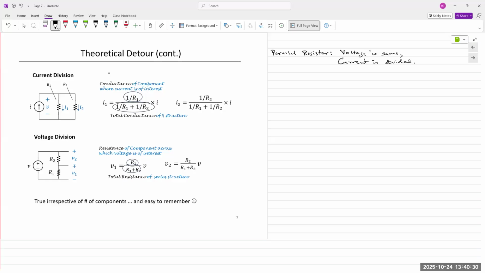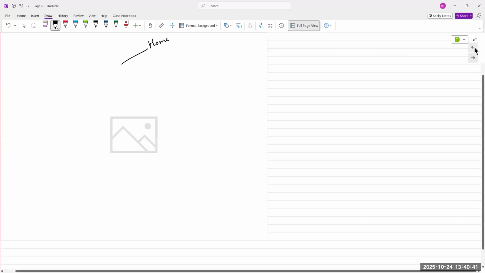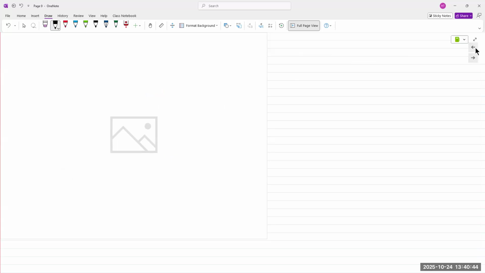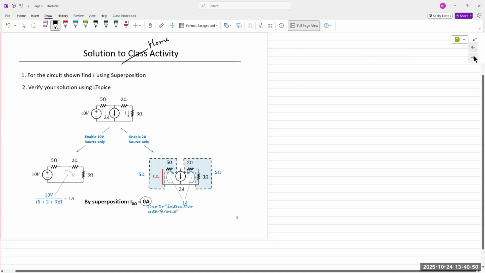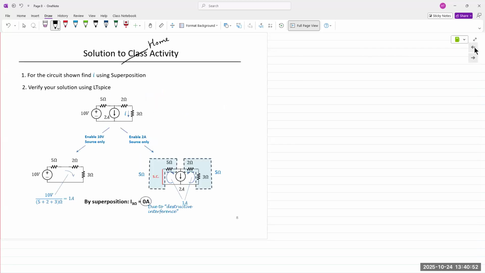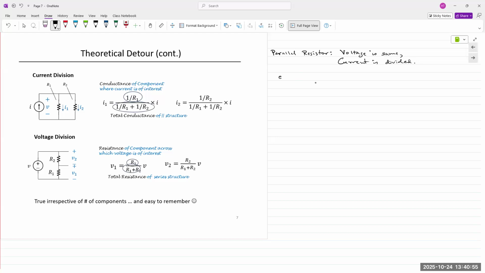And the division of the current, meaning, let's say you have R1, R2, R3, and Rn, and you wish to find currents I1, I2, I3, all the way up to In.